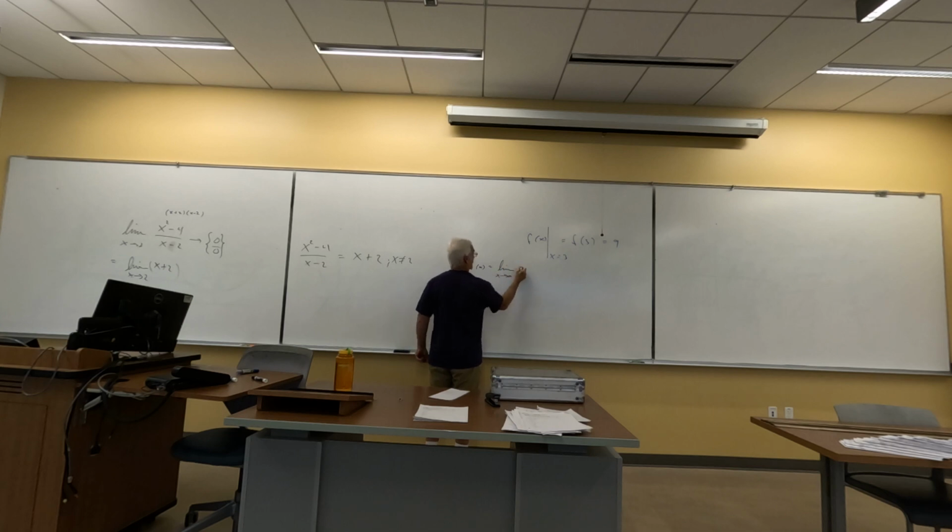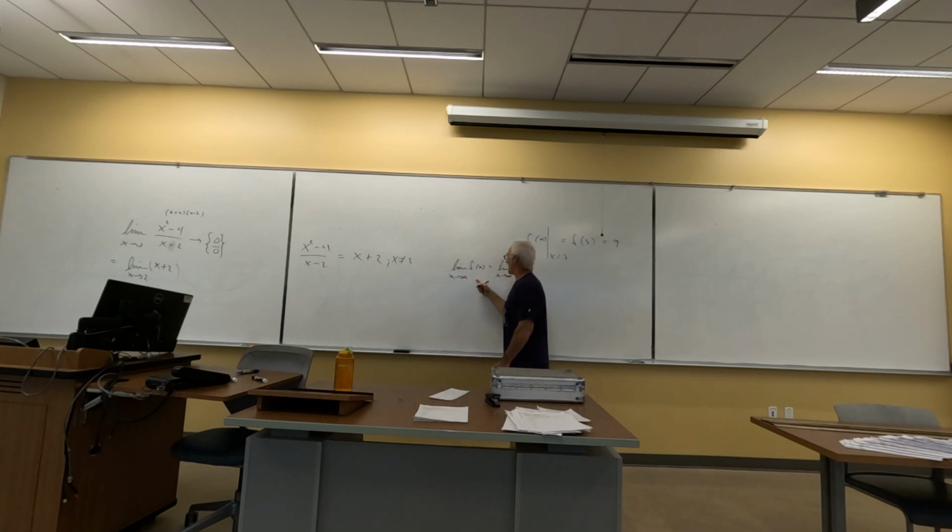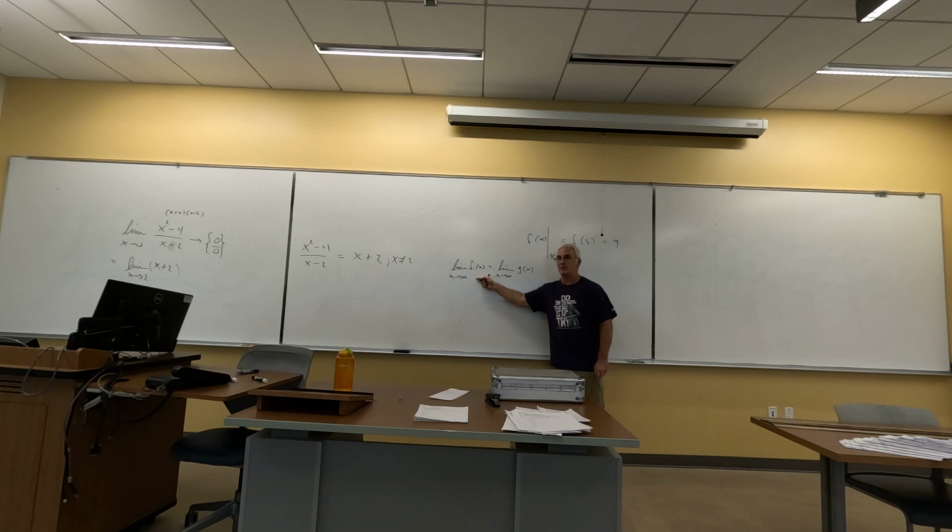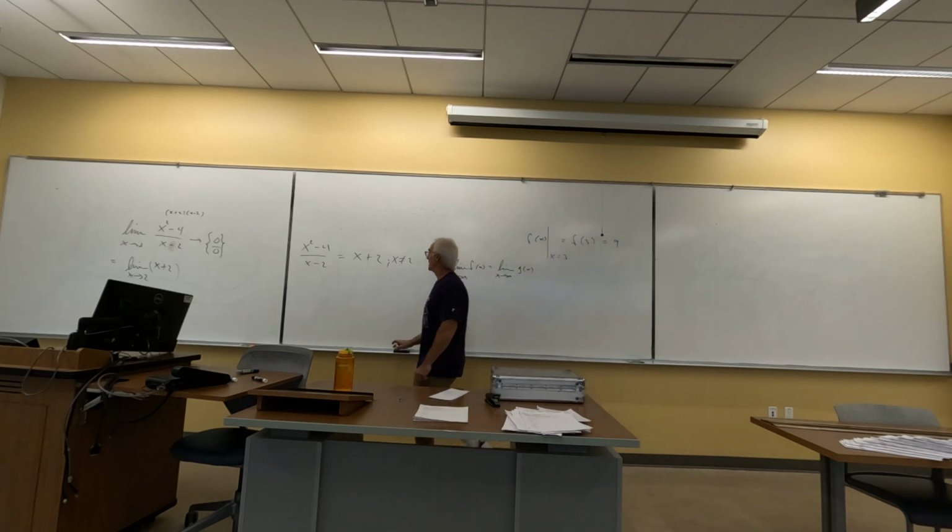I have a function, I manipulated algebraically to get hopefully a simpler function, and I'm putting an equality between them. We are saying that f of x is identically equal to g of x for all real numbers except perhaps that one. That's what we are saying 100% of the time.